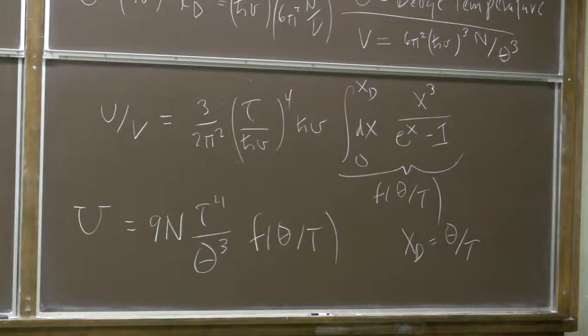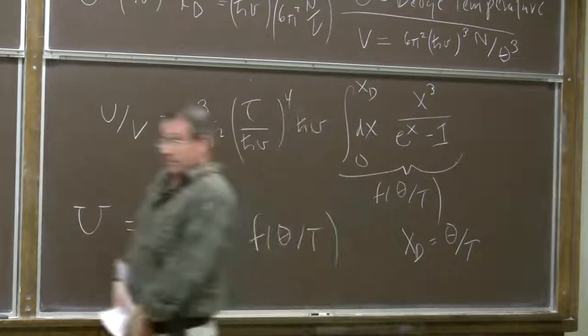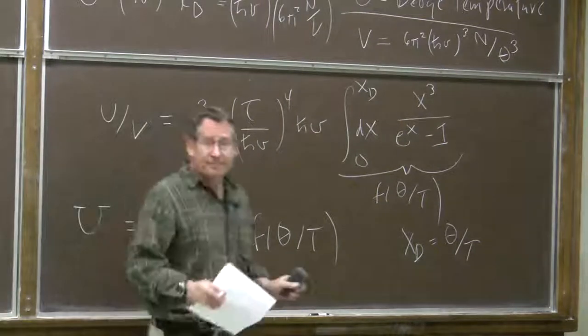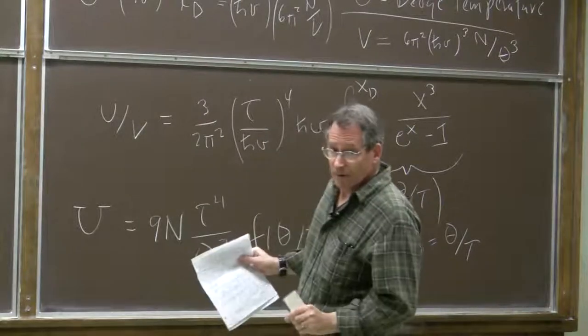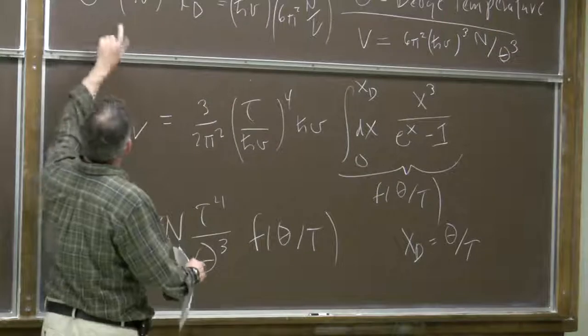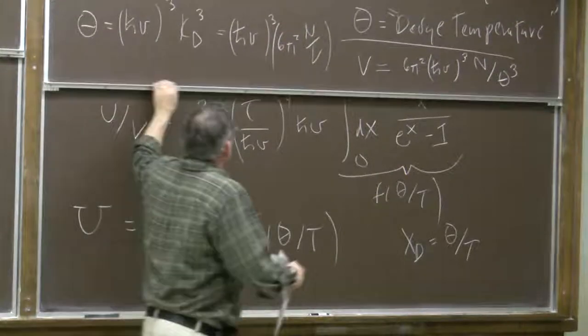Okay. So that's the answer, but we can appreciate what the answer is telling us better if we consider two limits. Yeah, question. How do you get cubes over there in the expression of theta? How did I get this?